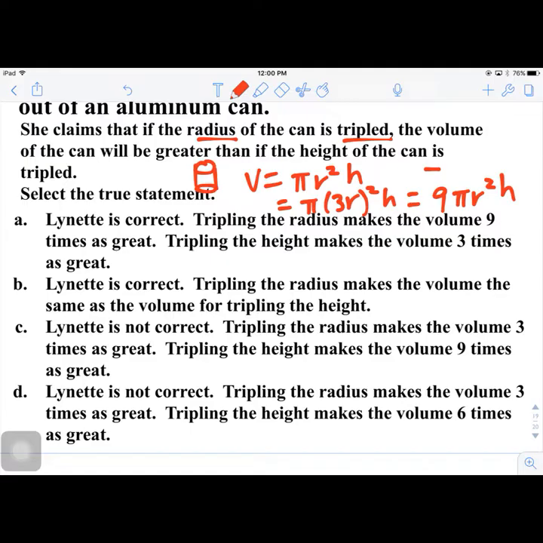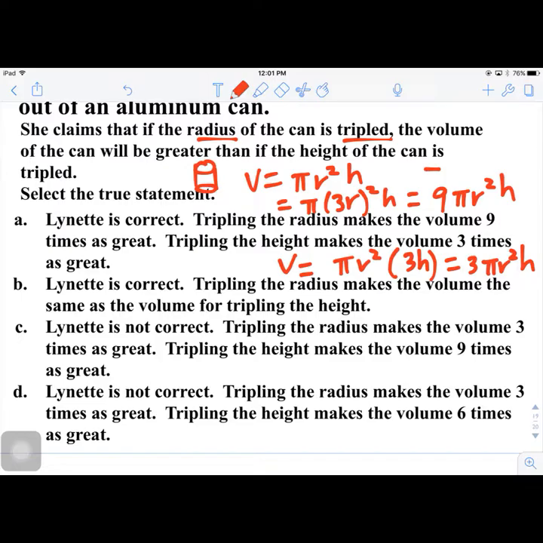And then if we take a look at the second scenario, the volume when the height is tripled, and see what would happen. We will have pi radius squared. H is now going to be 3h. And notice that the square does not apply to that. So we're going to have 3 pi r squared h.